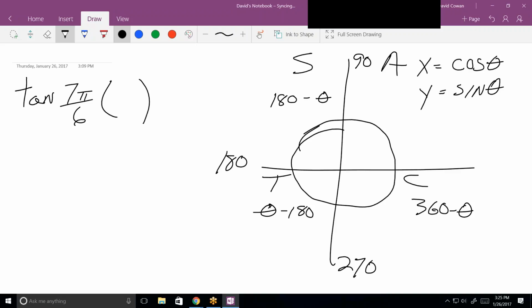In other words, I can label these also as pi over 2, pi, 3 pi over 2, and 7 pi over 6 puts it in the third quadrant. So based on either the reference angle or the equivalent first quadrant angle, what's the equivalent first quadrant angle?